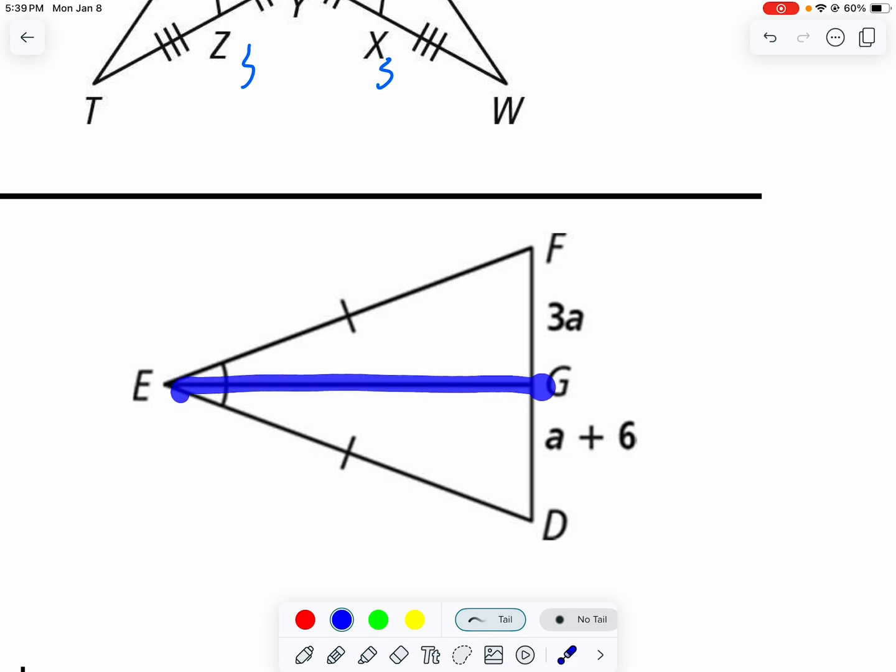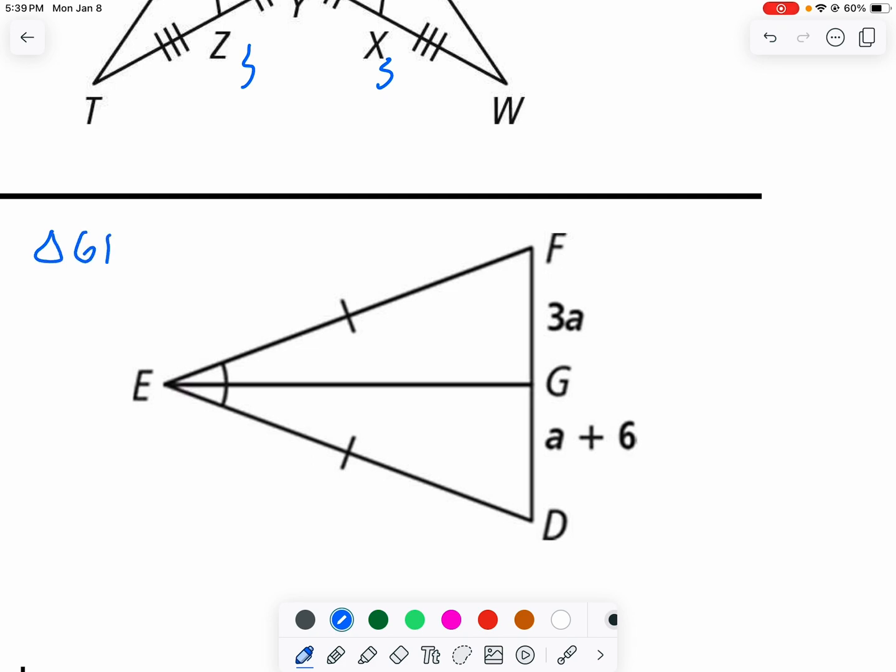And they have a congruent side. So these two triangles, and I'm going to write this down, triangle GFE is congruent to triangle GDE. Those two triangles are congruent by side, angle, side, or SAS.